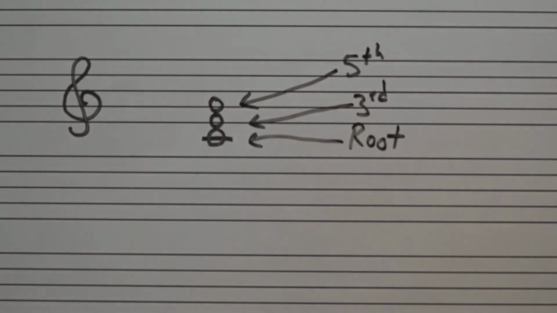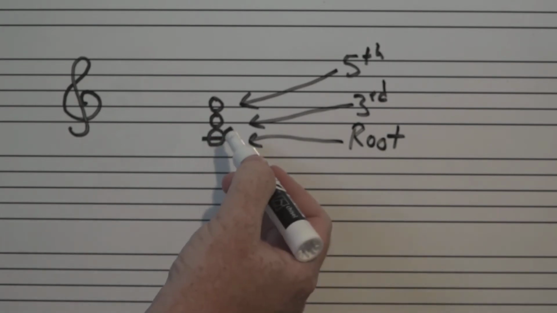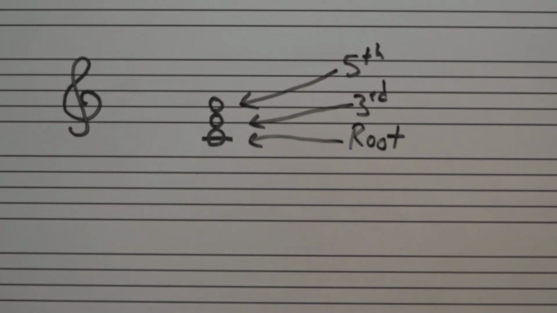It's going to be very important to realize which one is which, because while everything will start with the root, then the third, and the fifth this semester, next semester we are going to jumble up all of the notes. So maybe the fifth is on the bottom, maybe the third is on the bottom. Again, for this semester, the root will always be on the bottom for now.